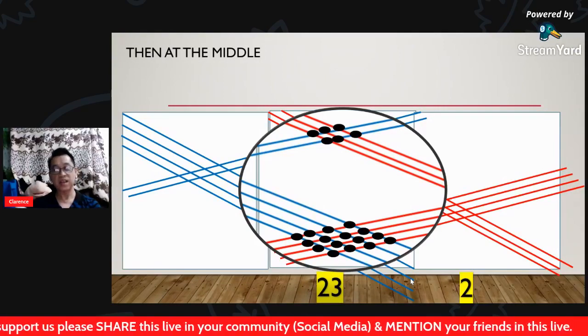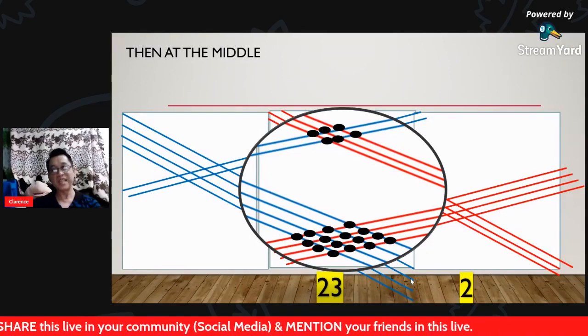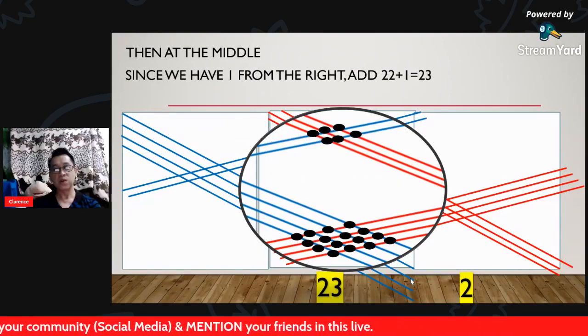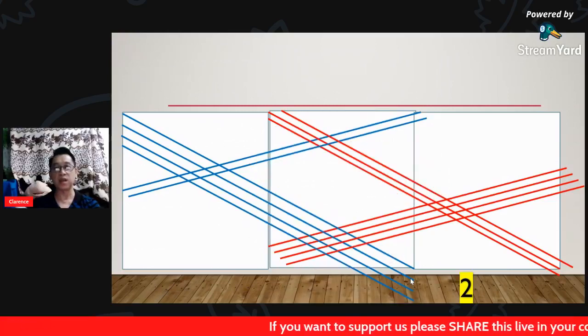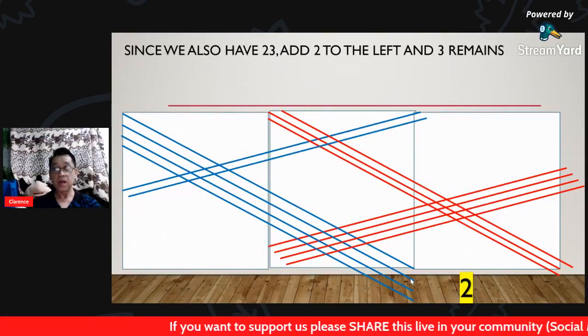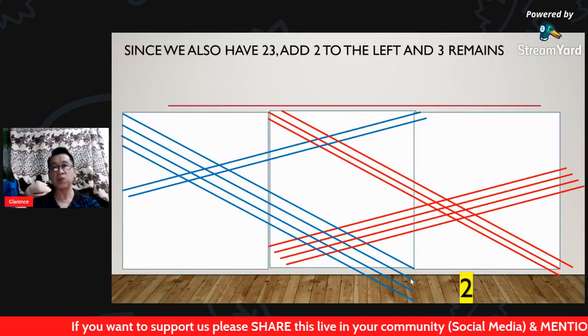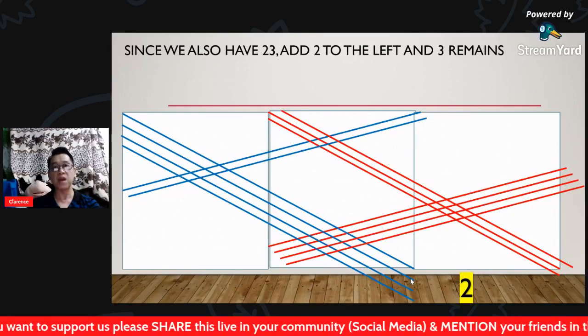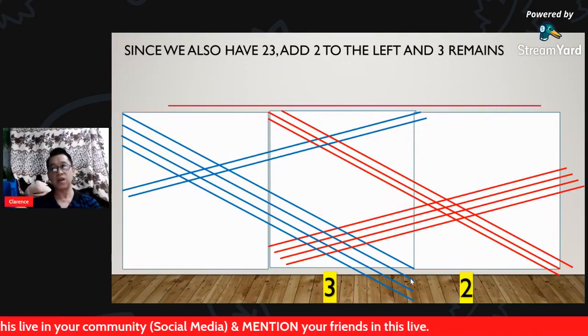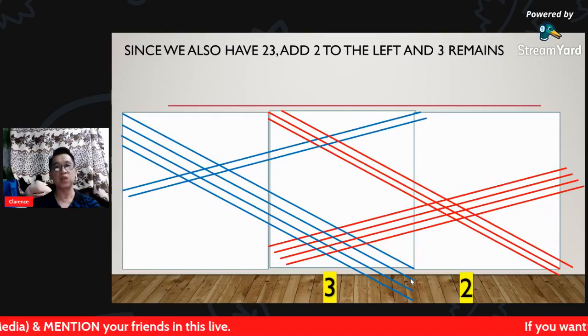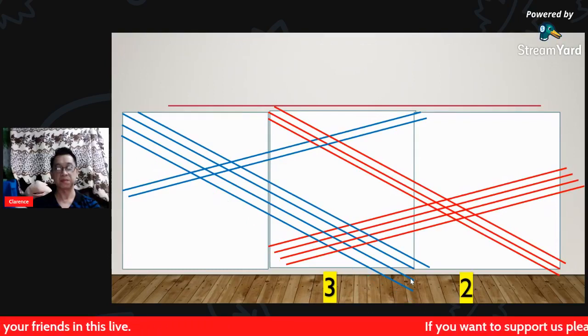So again, we just leave the ones. That's the explanation. Since we have 1 from the right, add 22 plus 1. So we have 23. Since we have 23, add 2 to the left and 3 remains. So again, the 3 will remain and the other 2 will be added to the left.